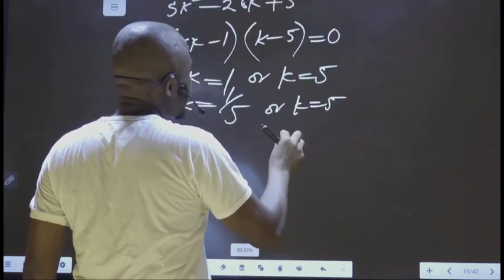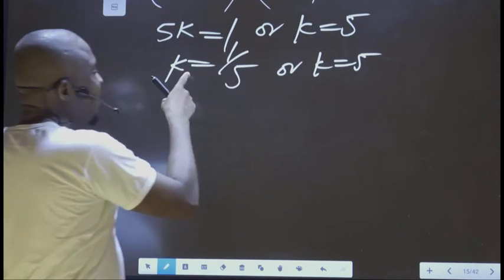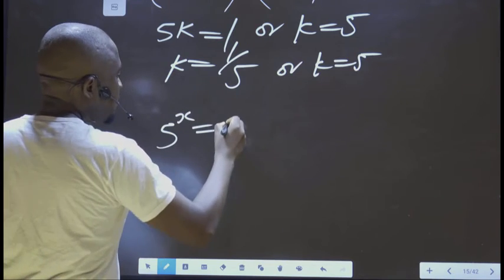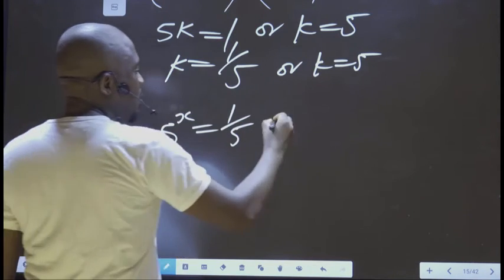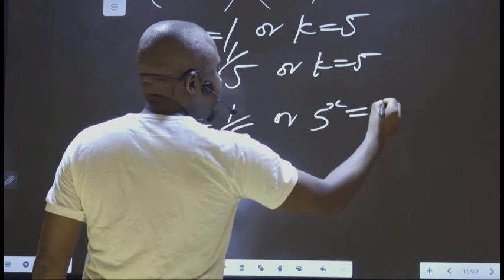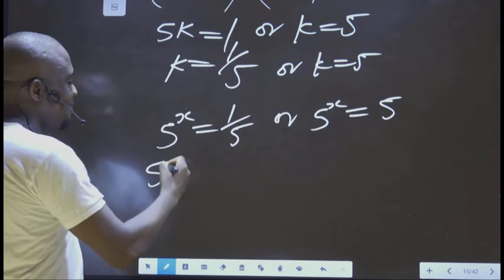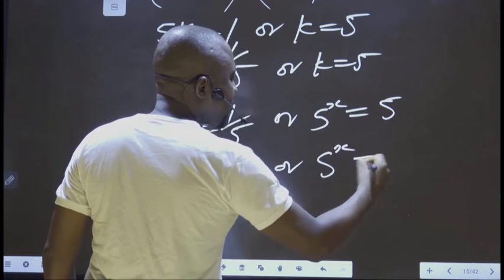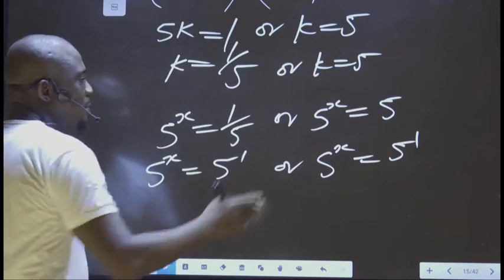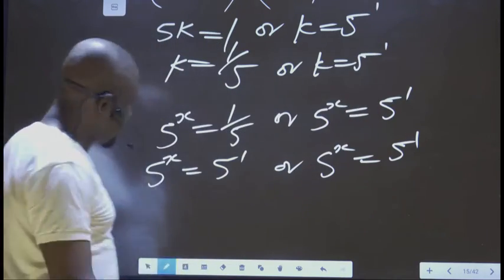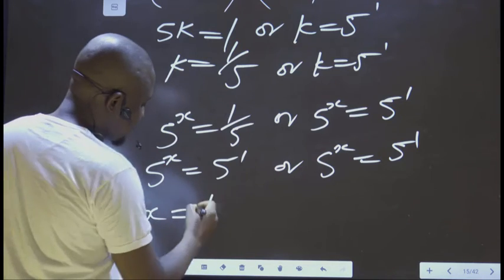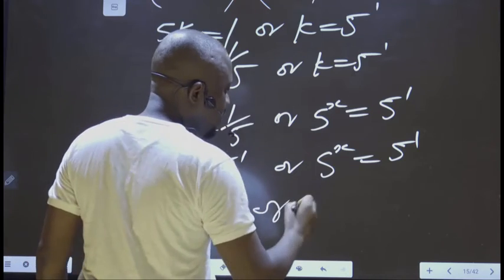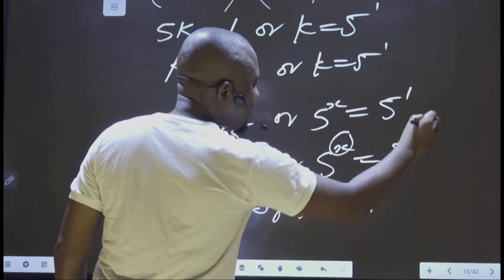Let's go up. What is k? k was equal to 5 raised to power x. So this now means 5 raised to power minus 1, or 5 raised to power 1. x therefore is equal to minus 1, as you can see in this place, or x equals 1 because of this and this.